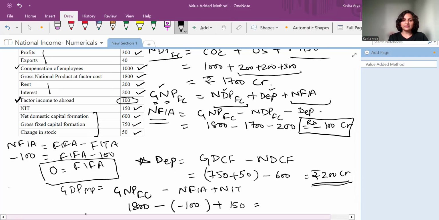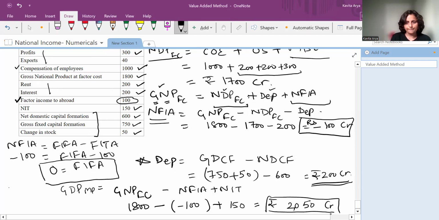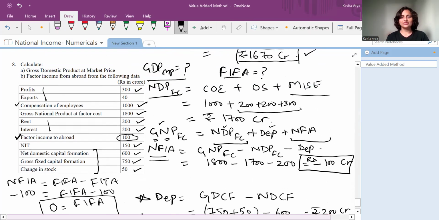So my final answer is 1800 plus 100, 1900 plus 150, 2050. So my answer is rupees 2050 crores is GDP at MP, and that is the need of the question. GDP at MP and FIFA.